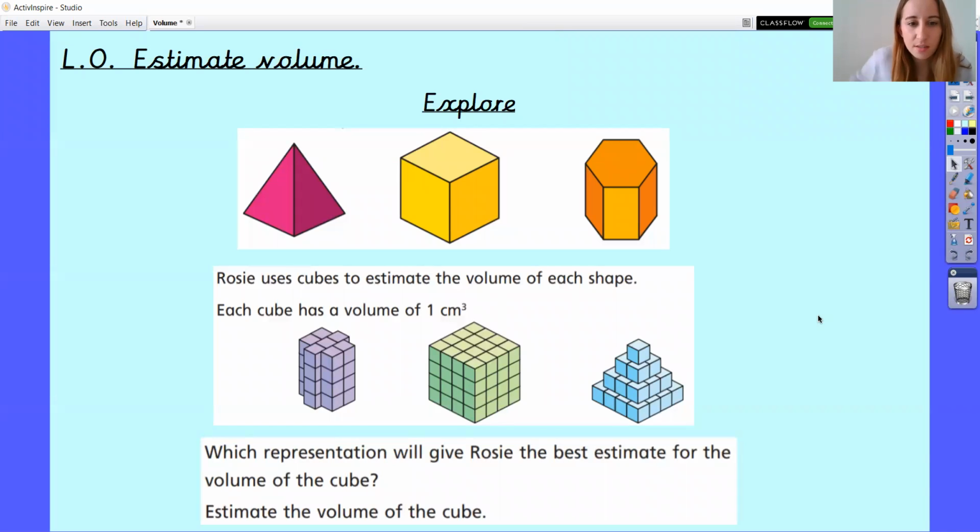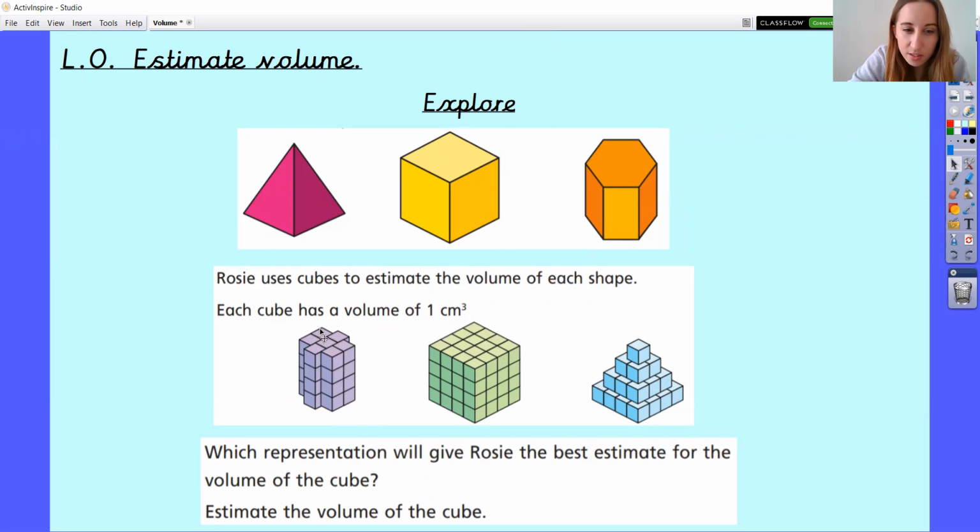Right, so we'll start with our hexagonal prism because it's the first shape Rosie's made here. And she's made them out of 1 centimetre cubes. So if we count up the cubes that we think we can see there, thinking about any we can't see in the other layers, that will help us have an estimate of the volume of this shape. So here on this layer of her shape, she's got 2, 4, 6, 8.